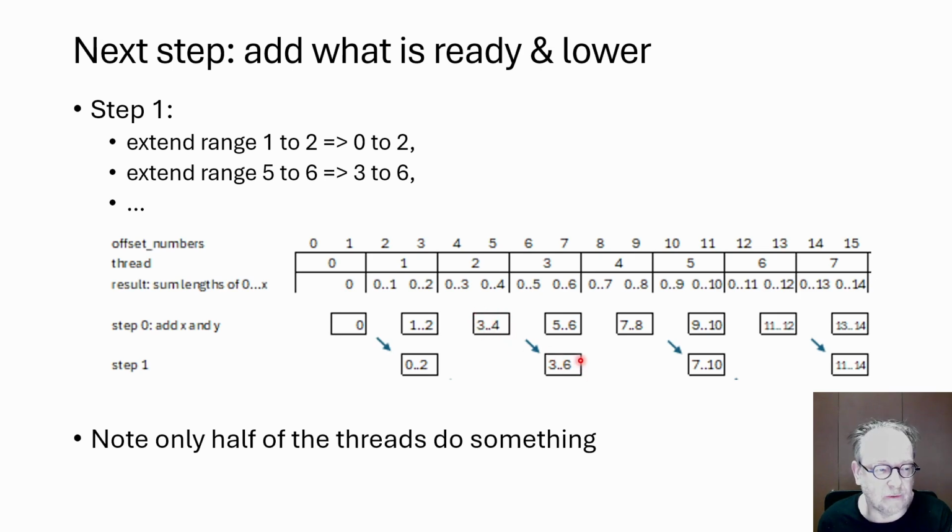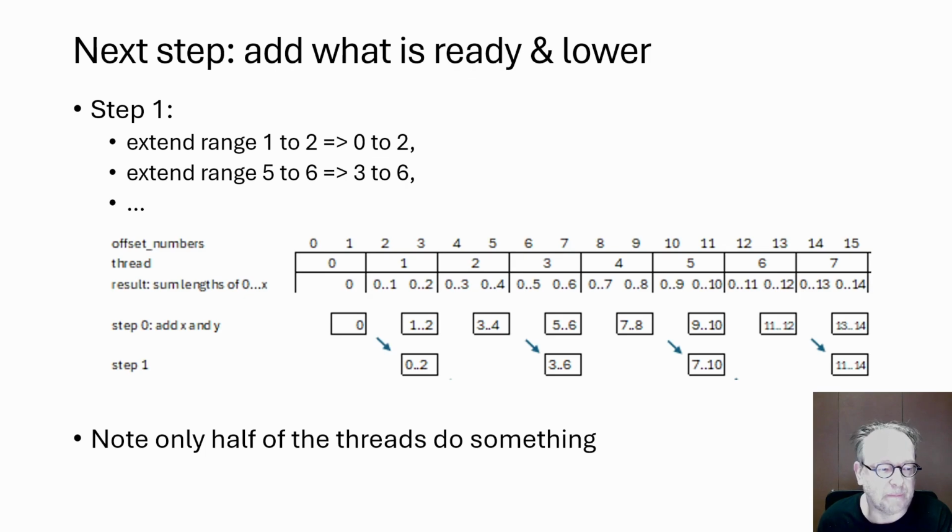So it can use that to extend it, and now we have the sum of lengths 3 up to 6. The same holds for some other threads that will do a similar kind of work. Now what you see is that not all threads are participating in these steps. Only half of the threads are actually doing something. The others are already in a state where they start with the same length as the one that is calculated. So those 2 now start with 7, those 2 with 3, those 2 with length number 0.